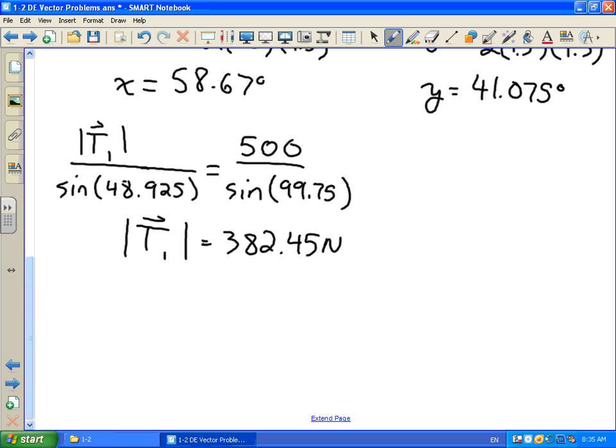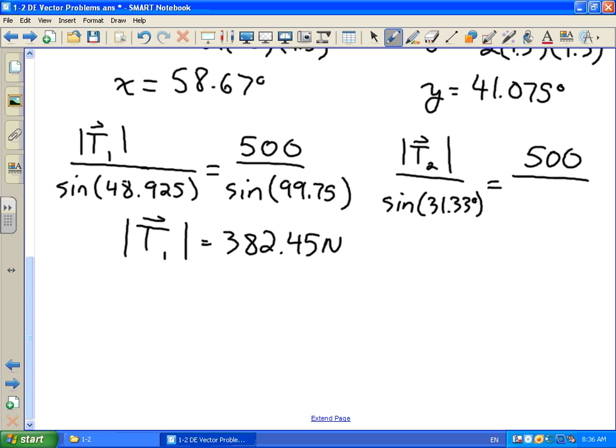And a similar sort of analysis gets us the magnitude of tension 2. Sine of the angle opposite is 31.33 degrees. And again, we're going to have 500 divided by the sine of the angle opposite it, which is again 99.75 degrees.